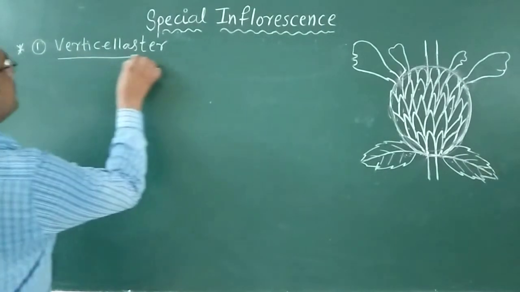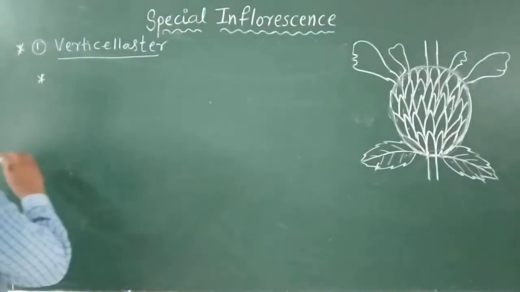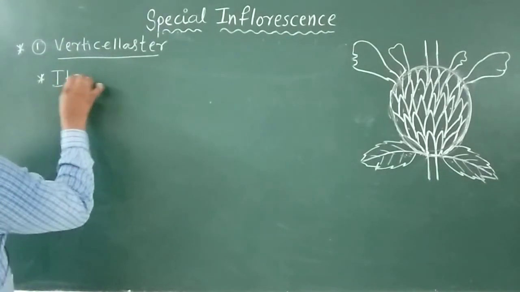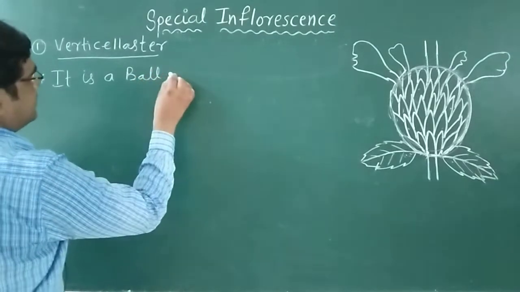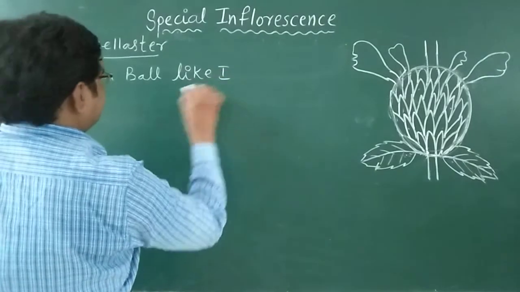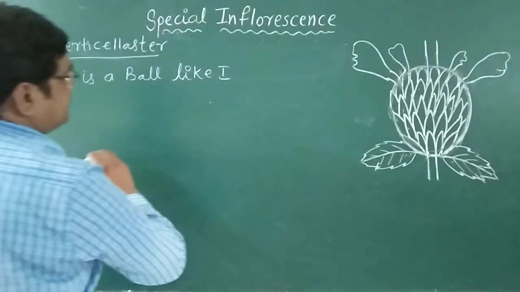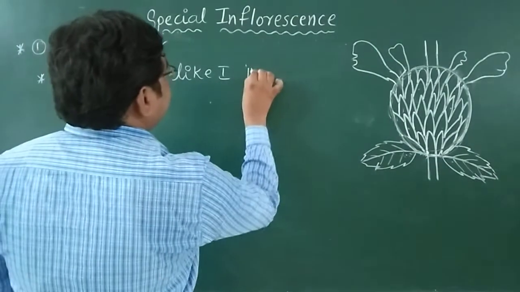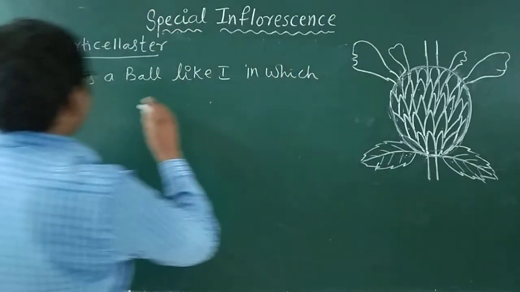In verticillate aster, it is a ball-like inflorescence.